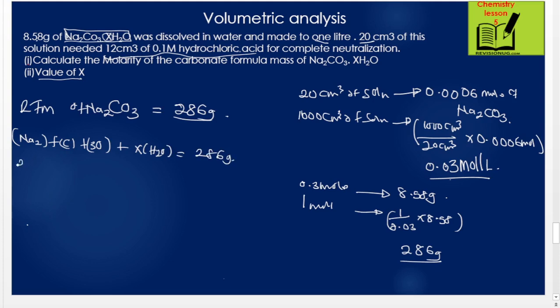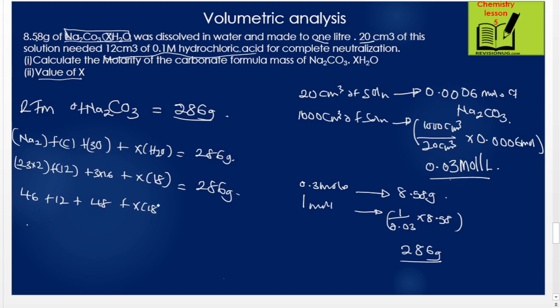Now this is going to be 23 times 2, then 12, then 3 times 16, then X into 18, because 2 plus 16 is 18, giving us 286 grams. Now this is 46 plus 12 plus 48 plus X into 18 gives us 286 grams.